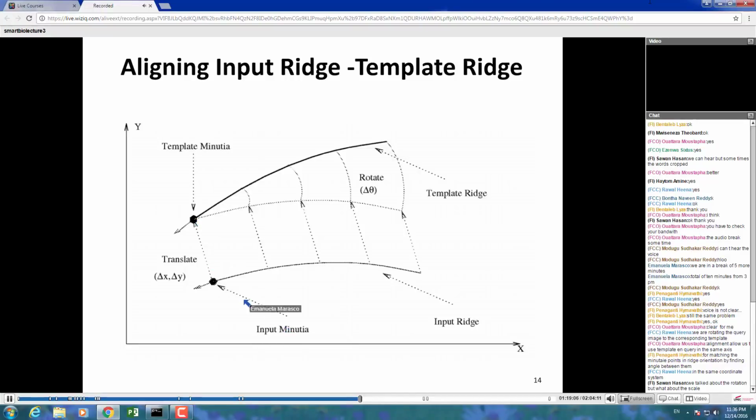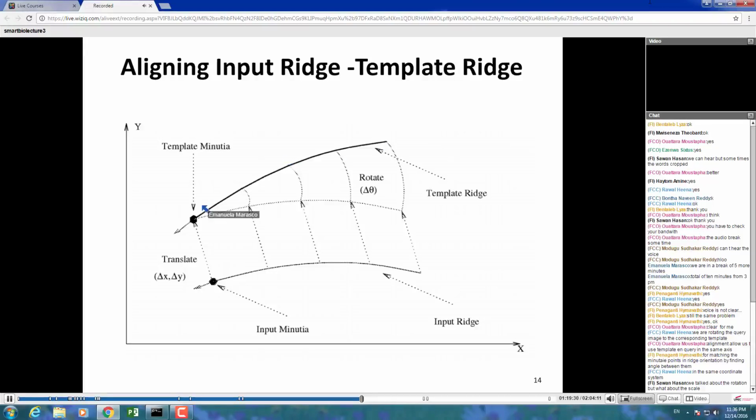So we first translate according to this rigid movement of delta x and delta y. You can follow my point. Once we translate using these two parameters, we can rotate by theta. Visually here, you can see which transformation we are applying.